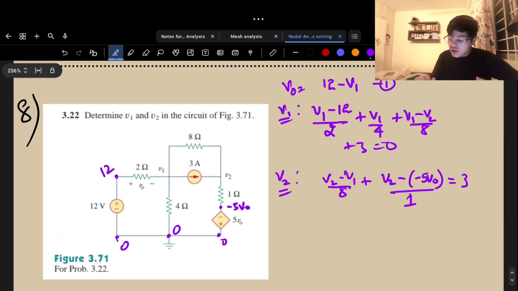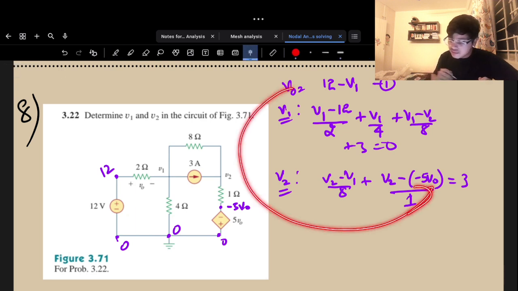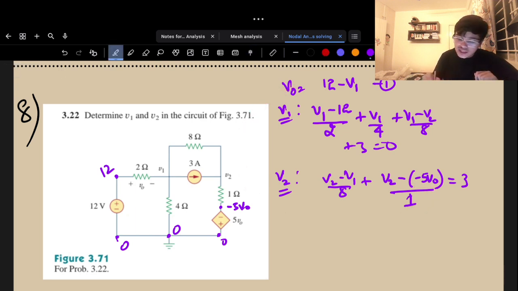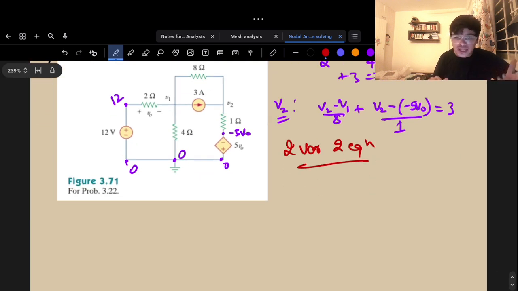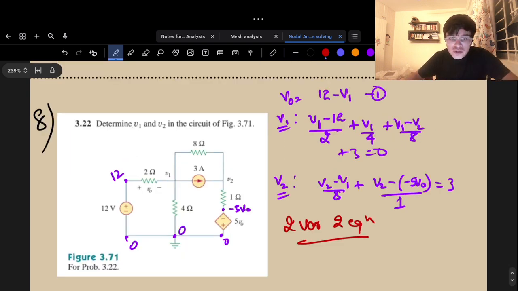Now simplify. You can simply input this V naught here. Ultimately it's a question of two variables and two equations. Solve these two, put them in a calculator, and you'll get the answers.